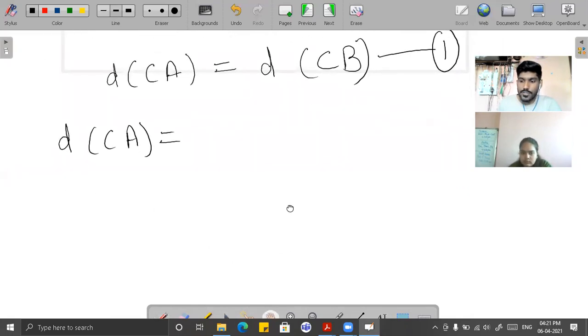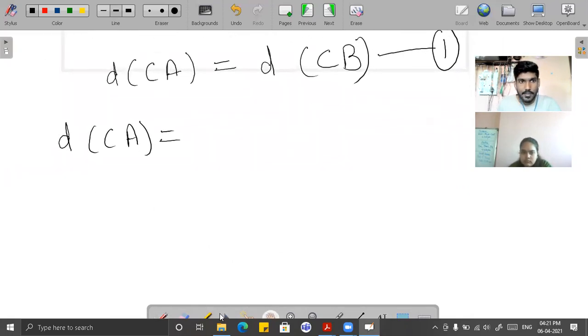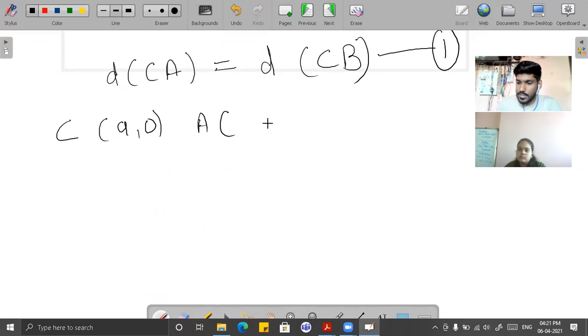We know the coordinates of C and we know the coordinates of A. I'll write it down again. C has coordinates A, 0 and A has coordinates -3, 4.